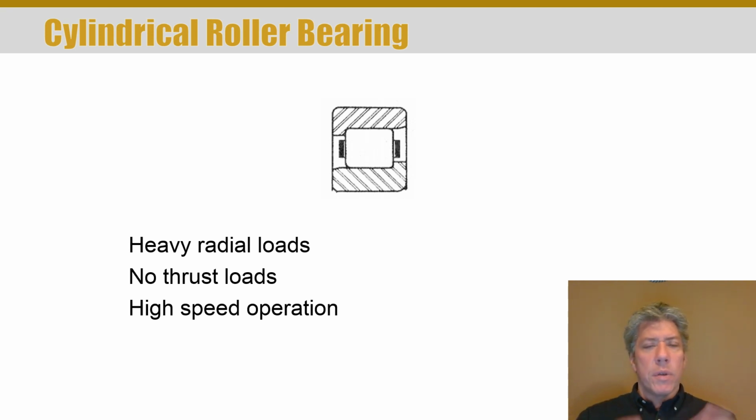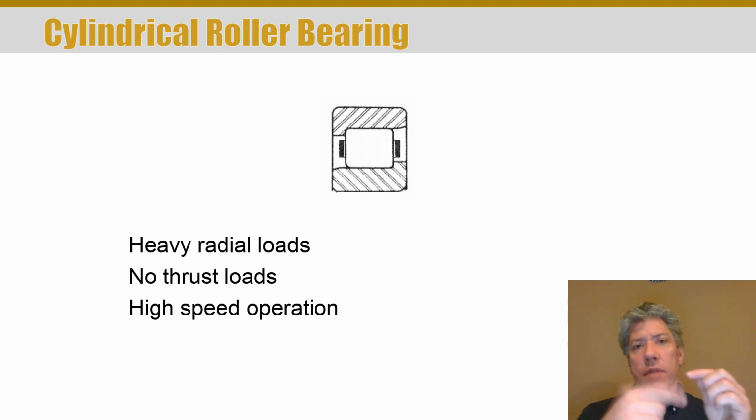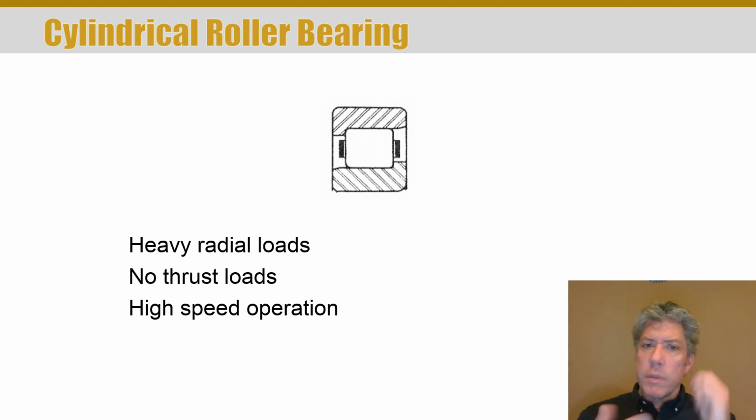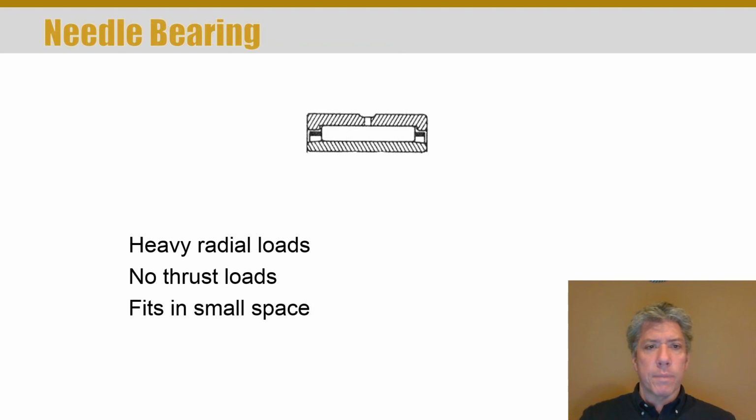If you think about what's going on there, there's going to be significant sliding between the rolling elements and the race, and you don't want that to happen, because they'll wear fairly quickly. So no thrust loads are allowed, but very heavy radial loads can be supported by this type of bearing, and they're also good for high-speed operation.